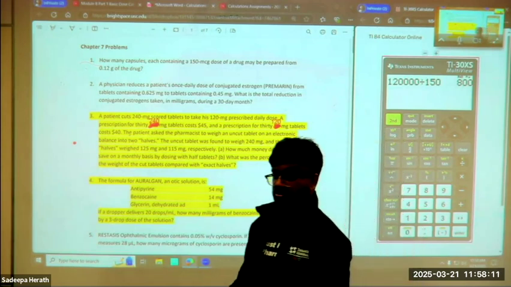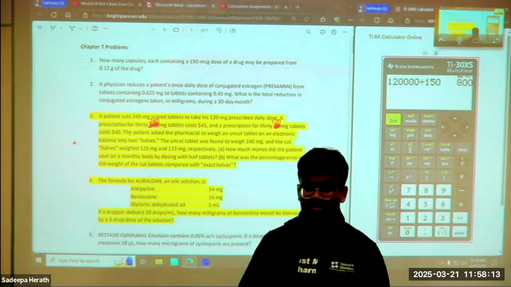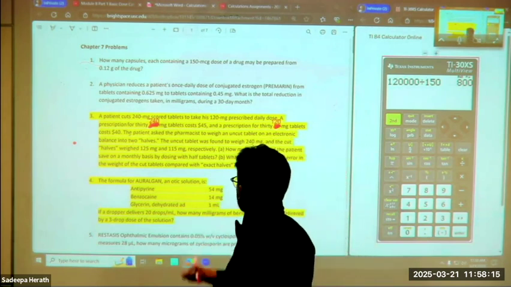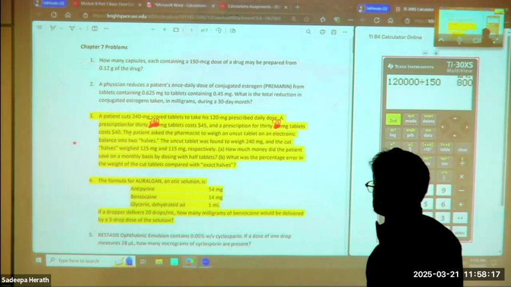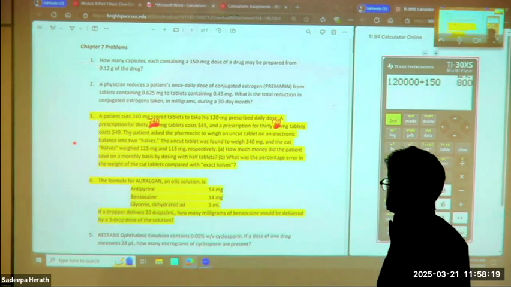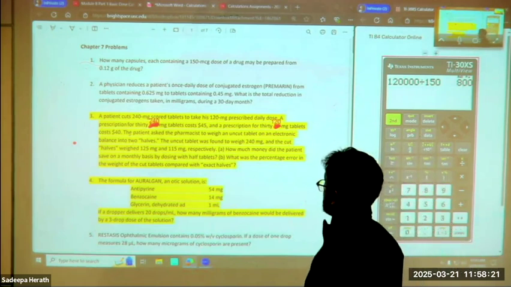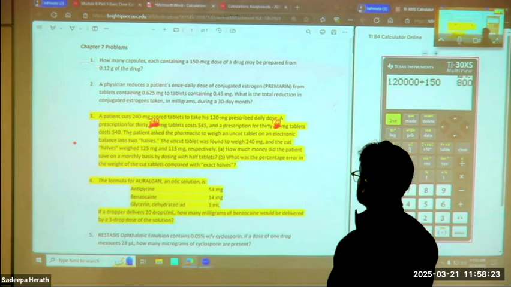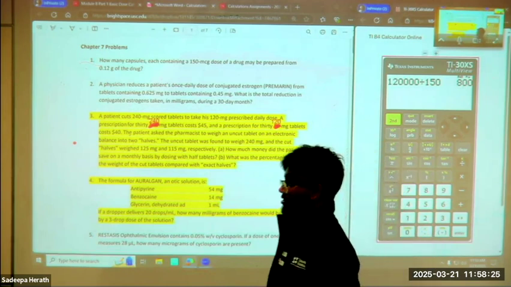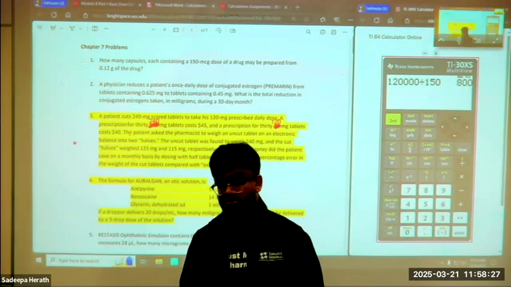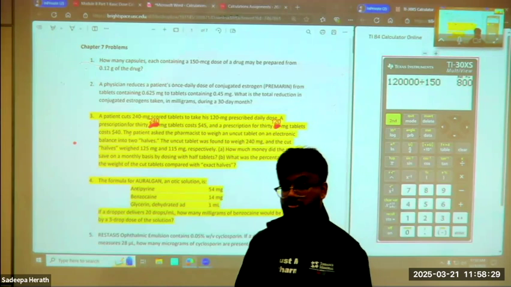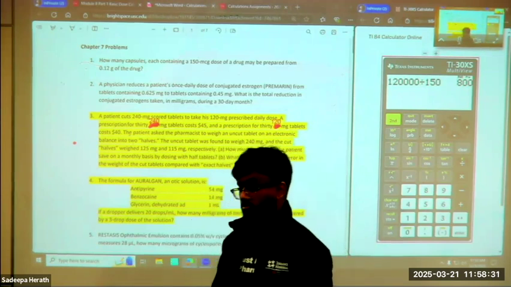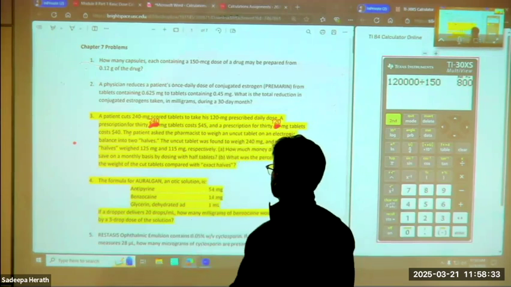So the patient was originally on 0.625, and we're decreasing it now to 0.45. Question is asking, what is the total reduction in conjugated estrogens taken in milligrams during a 30-day month? So not only are they asking us what is the reduced dose, it's the reduced dose for a month. So let's just get right into that, right?